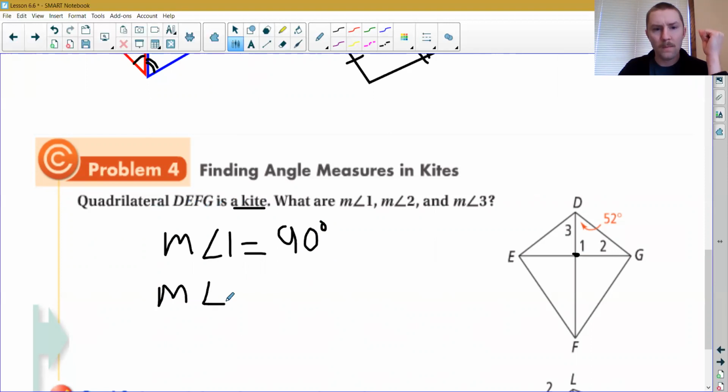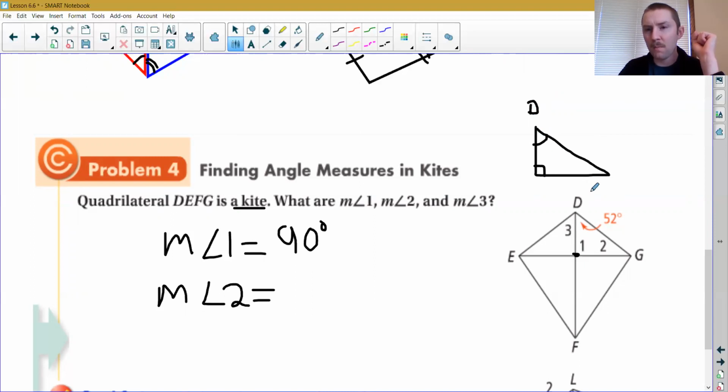What about the measure of angle 2? If we're going to find the measure of angle 2, I'm going to need to take out a triangle from the picture. This is point D up here, and I know this is a 90-degree angle. I know that this angle right here is marked as 52 degrees. So if that angle is 52 degrees, what is this angle down here?